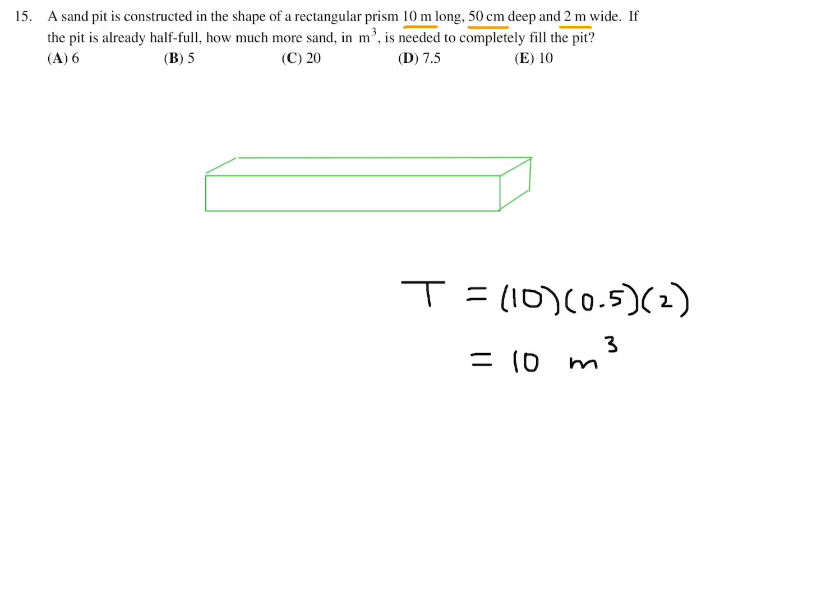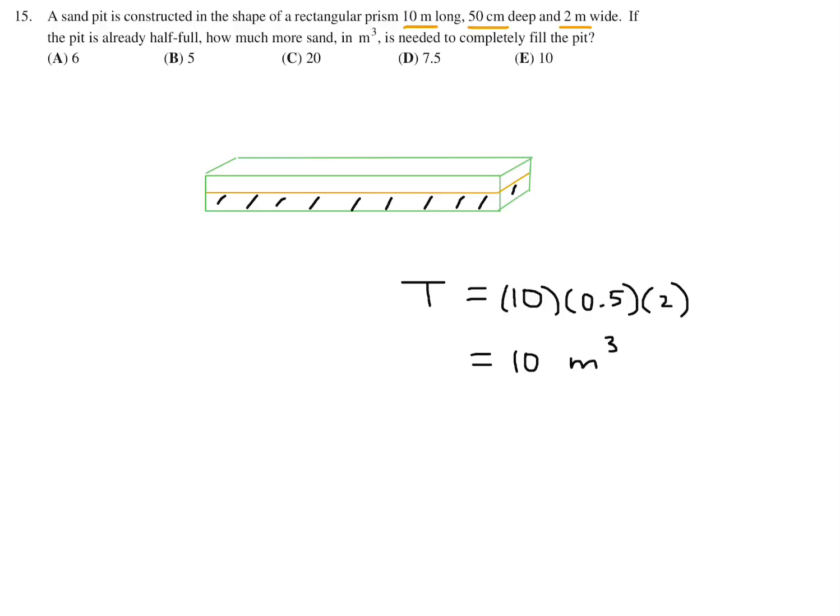Now they're saying the pit is already half full with sand. So if it's half full, how much is in the sand pit in terms of sand? Well, the total volume of this box is 10.